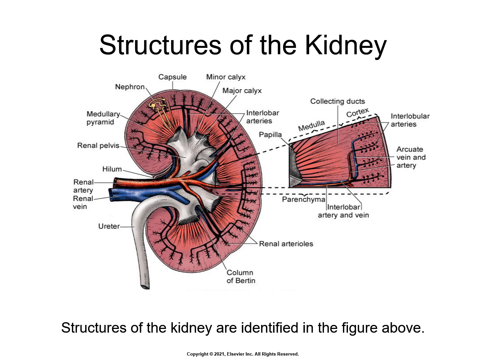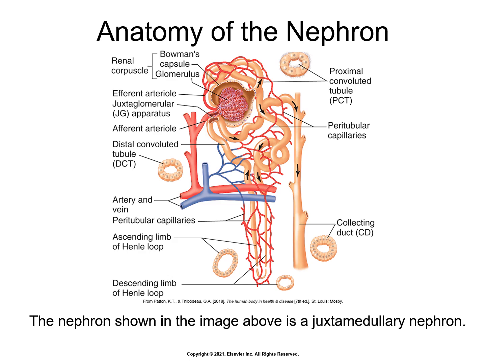So we have a bunch. The renal pelvis is right here, and that is where it houses all of these vessels that are coming and going. The renal vein and the renal artery are here. And if you'll notice, there are renal arterioles all in the medulla of the kidney.